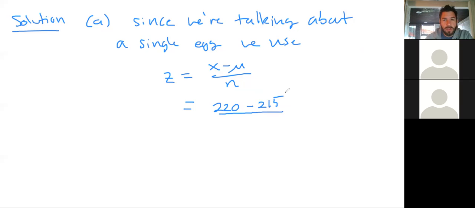I'm sorry, this is not an N. Losing my mind, it's a sigma. And our standard deviation was what? 15. So it turns out here our Z is a third.